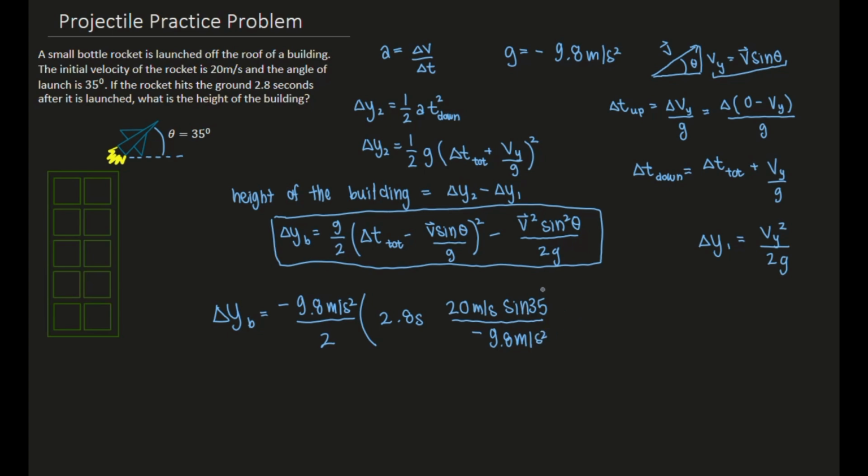All of that squared, minus 20 meters per second squared, sine squared of 35, over 2 times negative 9.8 meters per second squared.